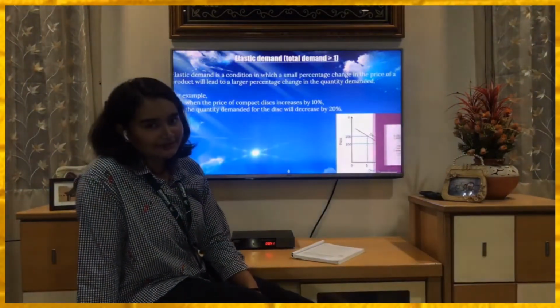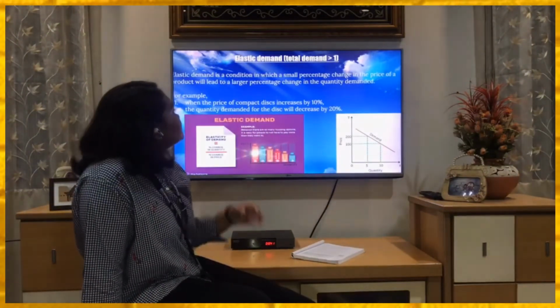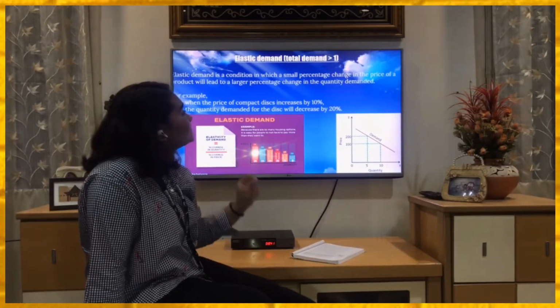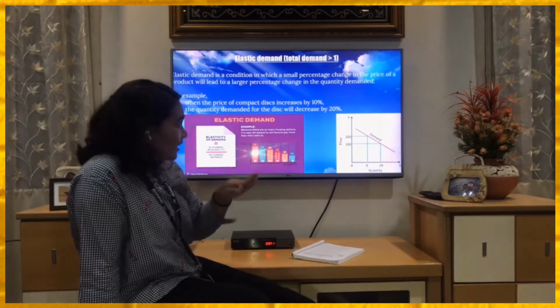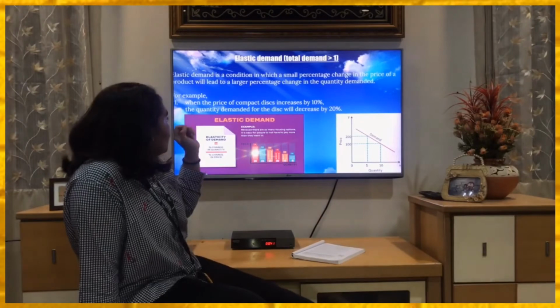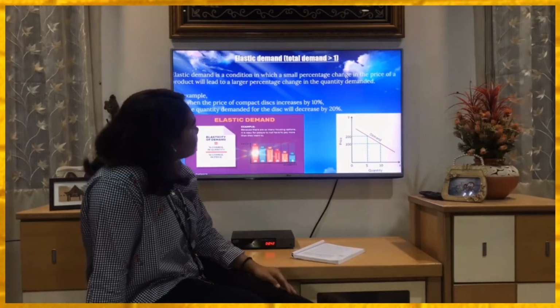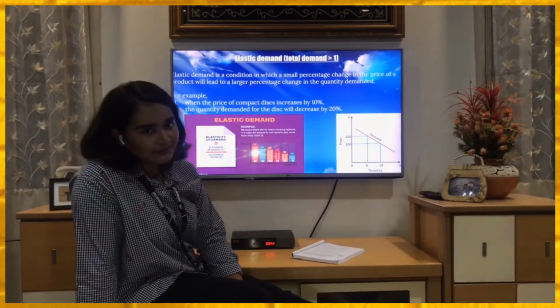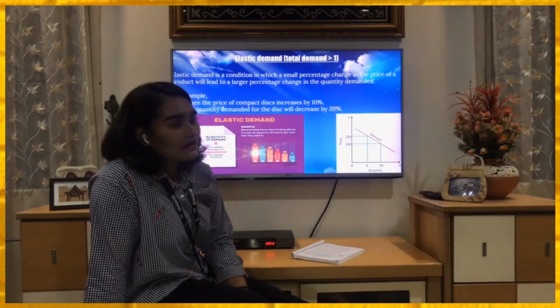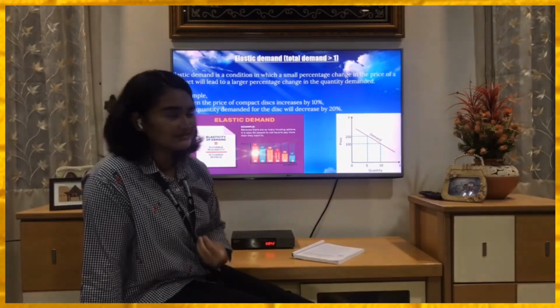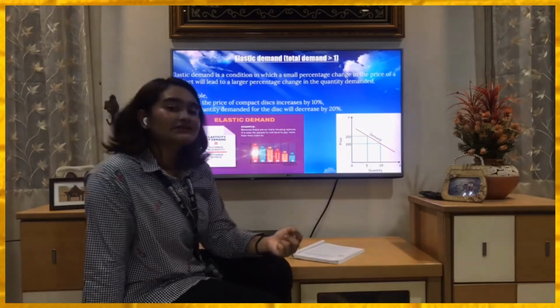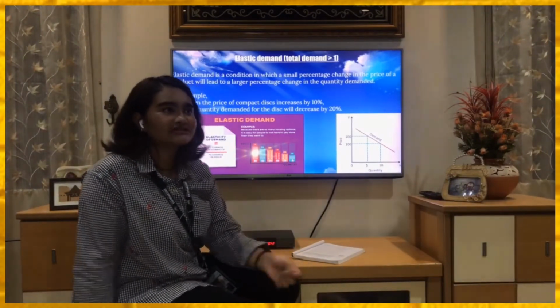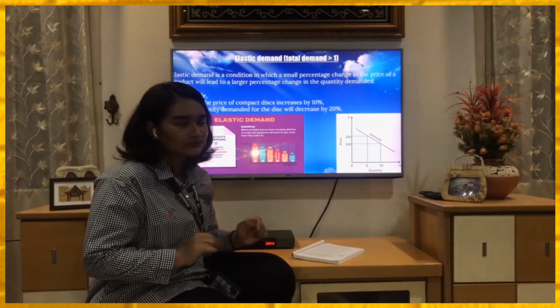Elastic demand is a condition in which a small percentage change in the price of a product will lead to a large percentage change in the quantity demanded. What I can explain is that when the price increases, the quantity changes by a huge amount.